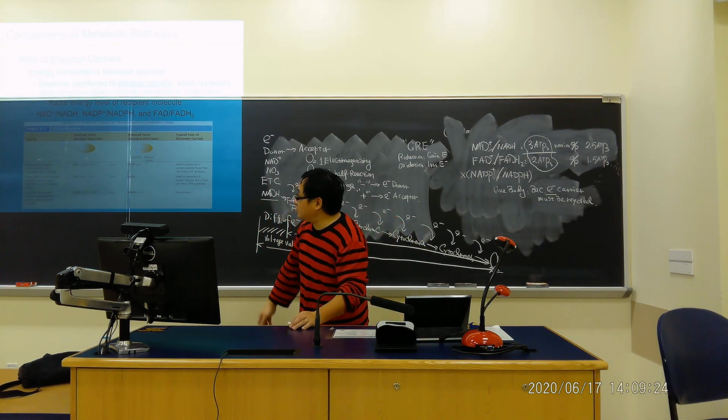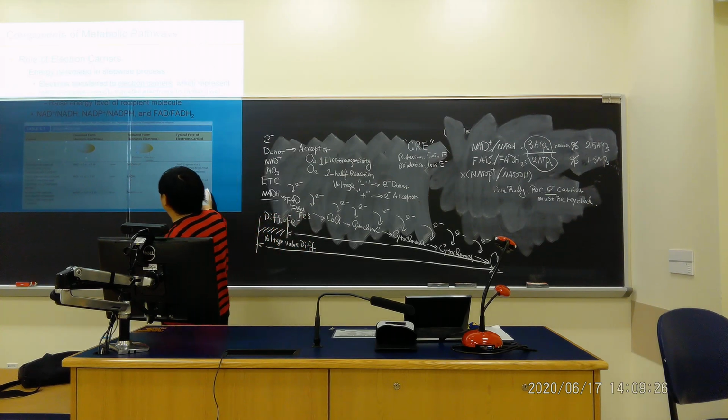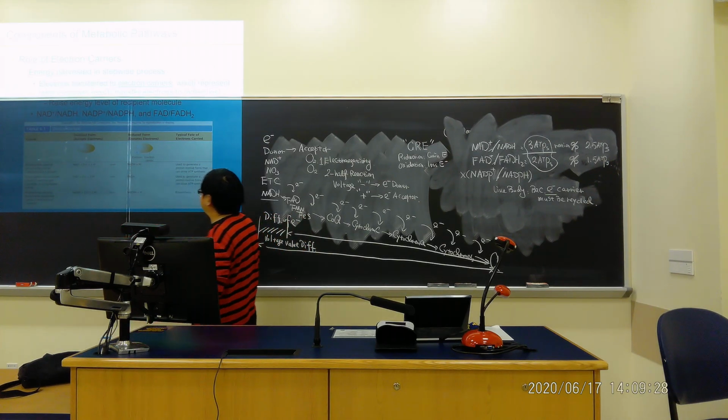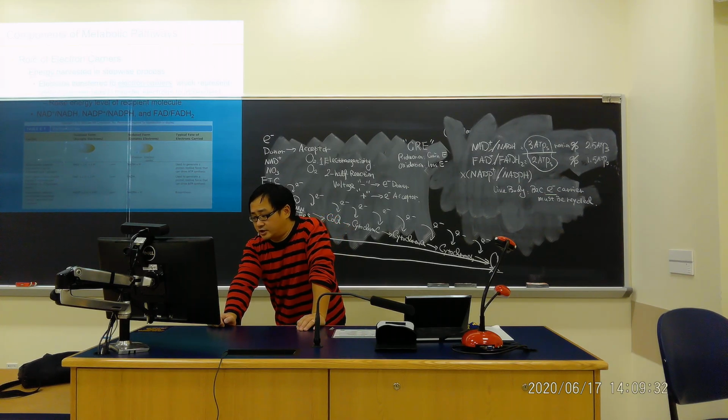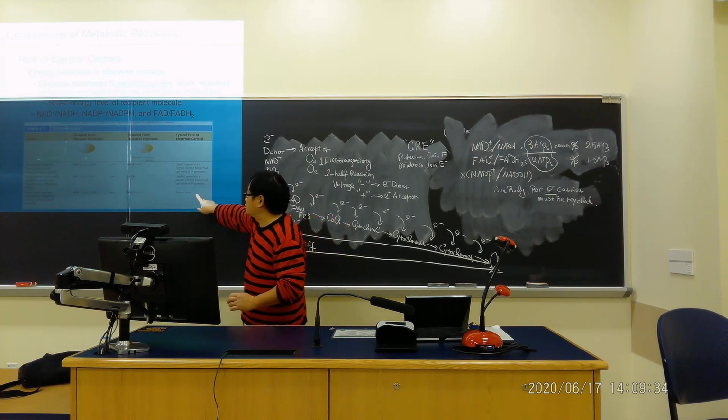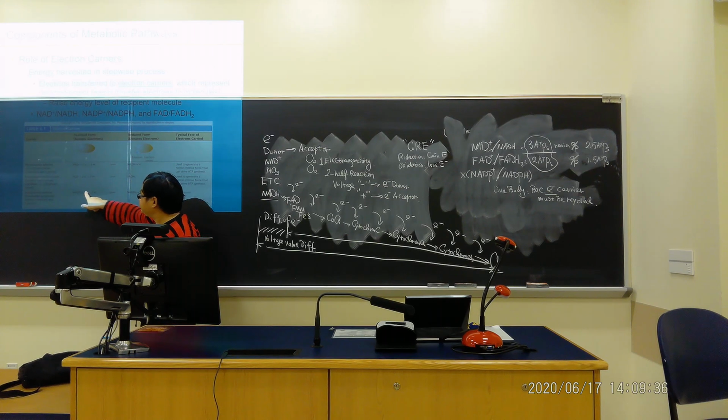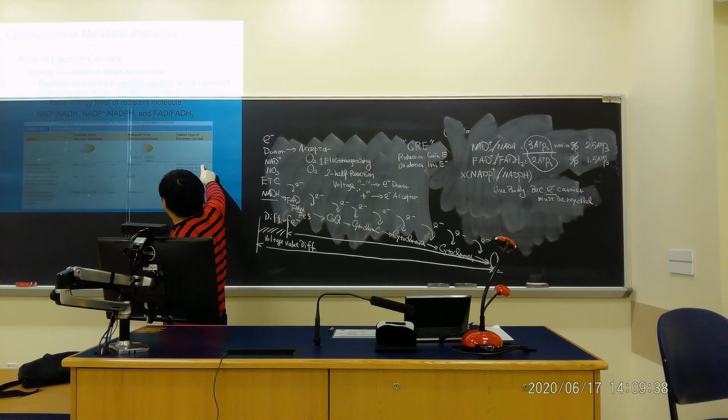Okay. Now here they listed something right here. I'm not going to go over this detail by detail. It just tells you the function of the NADH, FADH2, and NADPH. This is usually used for biosynthesis. And these generate the proton motive force and trigger the ATP synthesis.